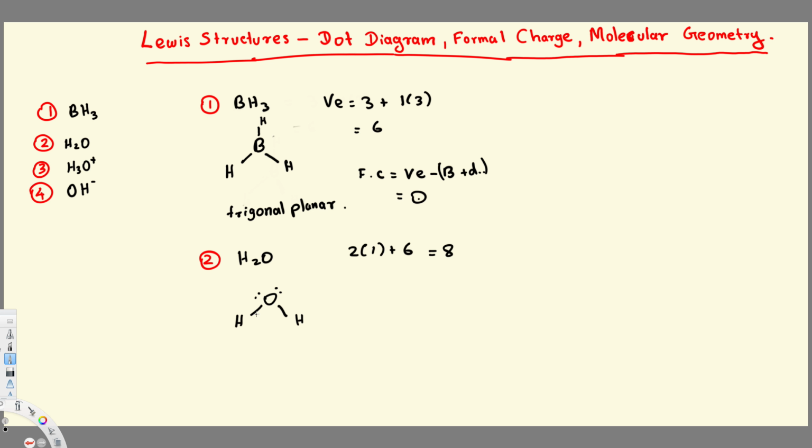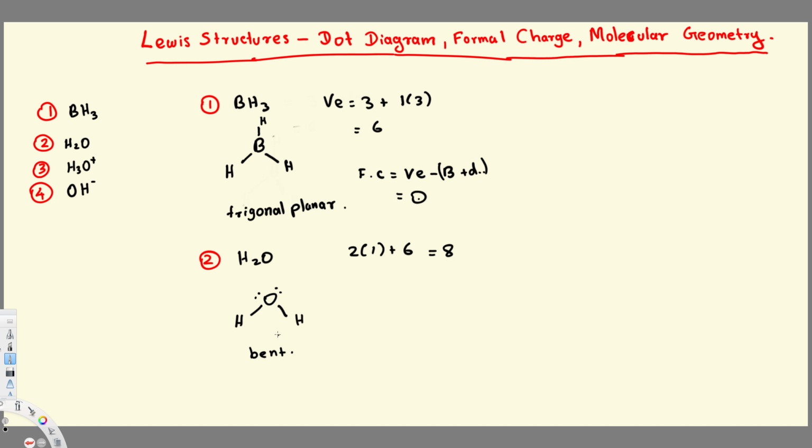That's why this is having this shape right here. This is called the bent shape, right? And if we don't have any lone pair, this is going to be a straight line. Since we have a lone pair right here, that's going to pull these atoms down, and that creates the bent shape.